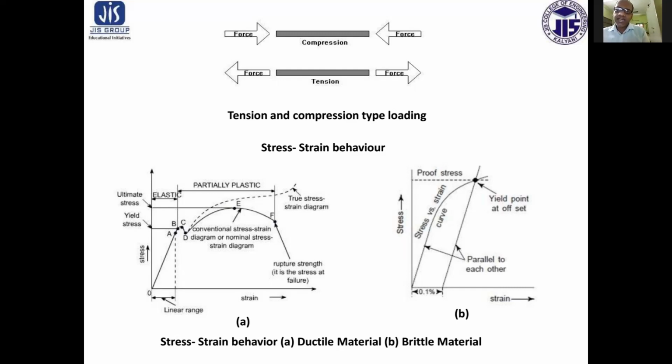In a ductile material, as shown in the figure by the firm line, whenever the material is loaded, the stress increases linearly while the strain also increases up to a certain point, point A. In this zone, the stress and strain both increase, so it is shown as linear, and this point is called the proportional limit.